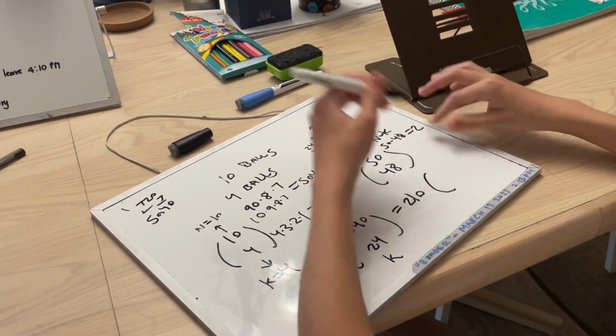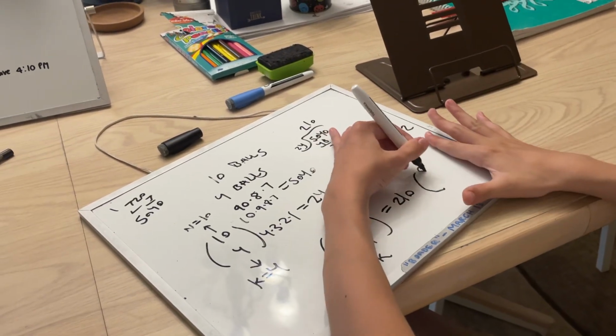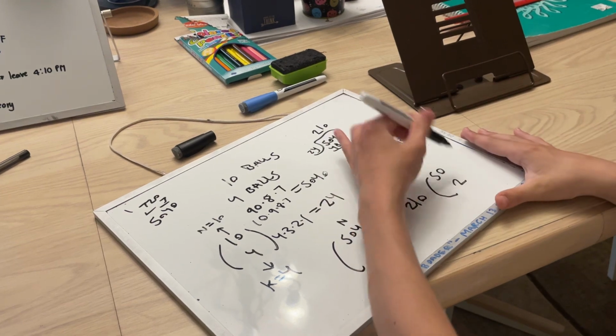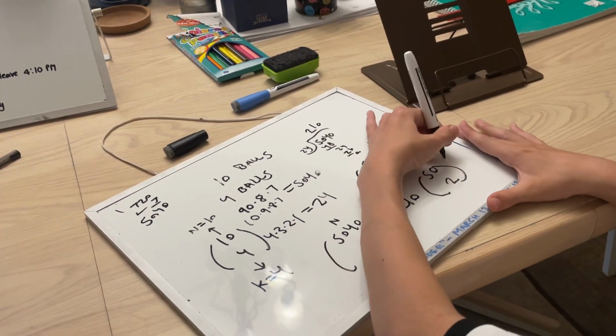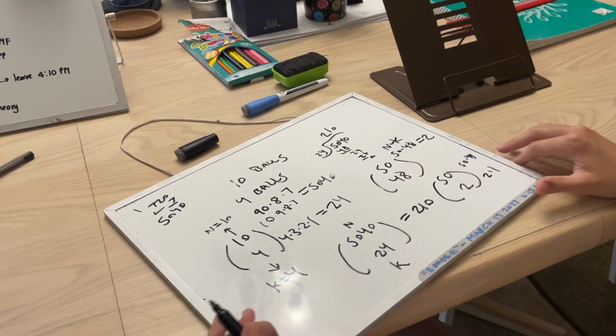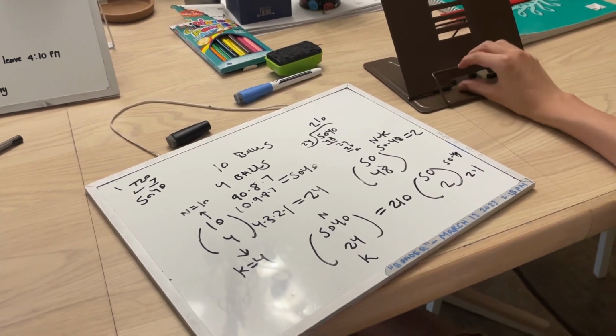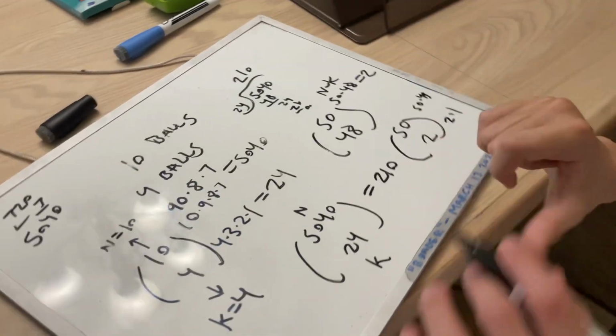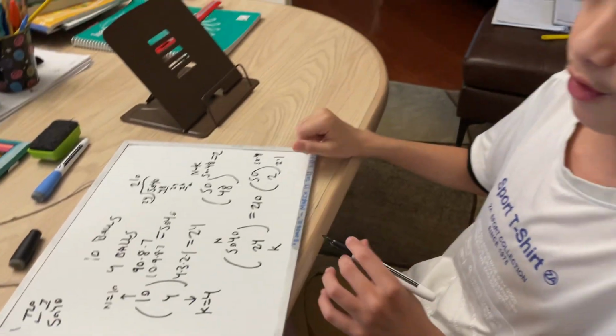Then you put your 2 as the K and you leave your N the same. Now this is much more manageable. You can just do 50 times 49 over 2 times 1 and then do it like normal. So that is the counting subsets notation for figuring out the number of combinations in a certain number of sets.